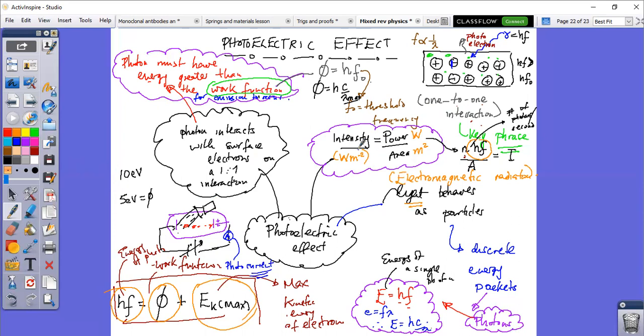Okay, so it's a one-to-one interaction, so the number of photoelectrons emitted per second remains the same. However, because the frequency has increased, the energy of the photon has now gone up. The work function is the same. So what should happen to the maximum kinetic energy of the photoelectrons?